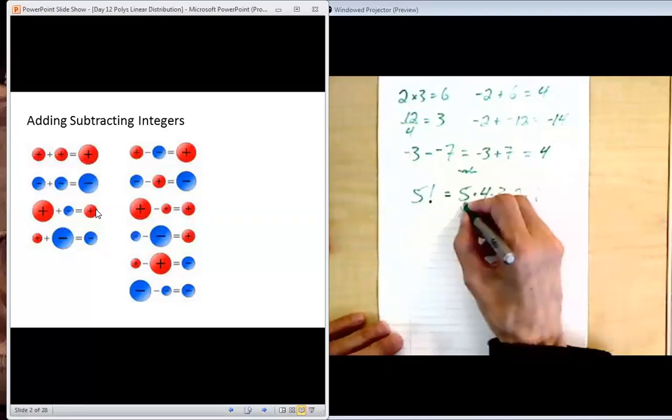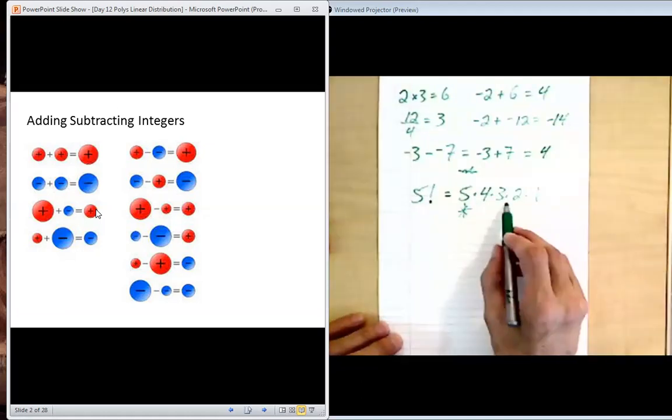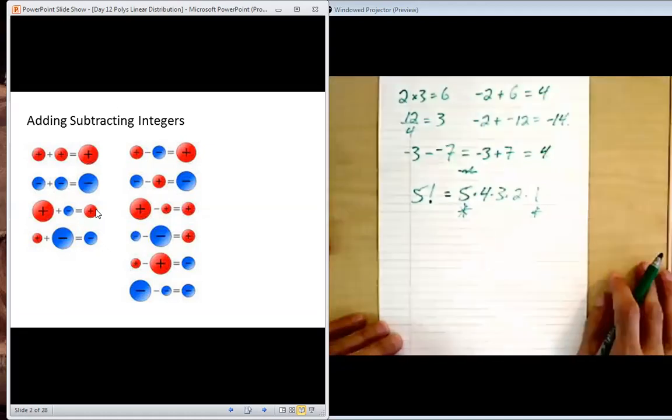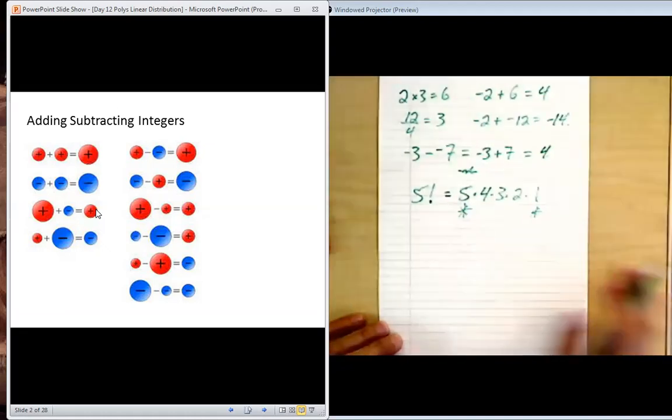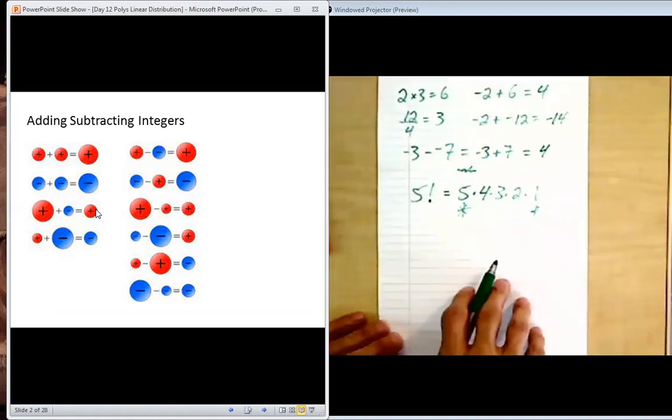So you start with the number you see, times all the way along, always down to the number 1, and then you work it out. That's 120, I think.